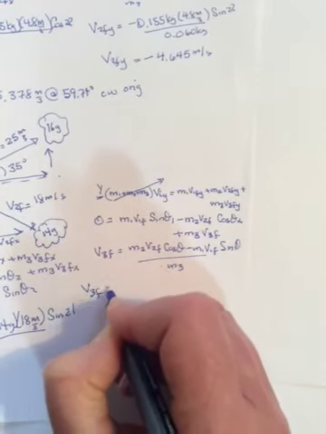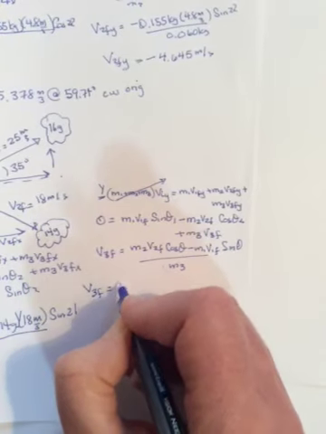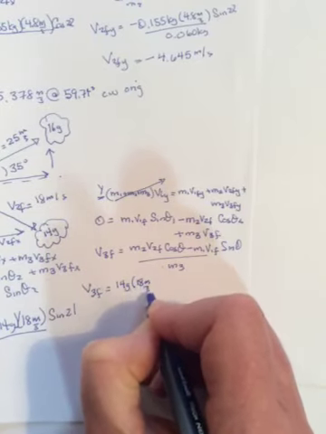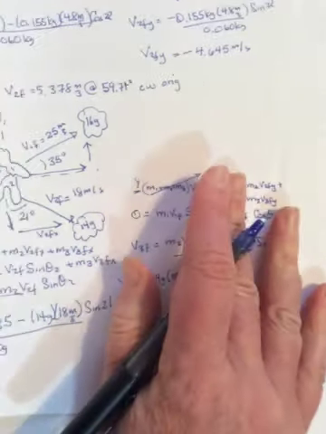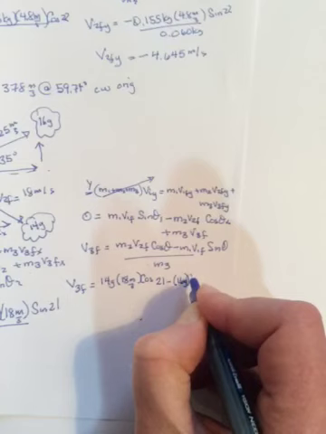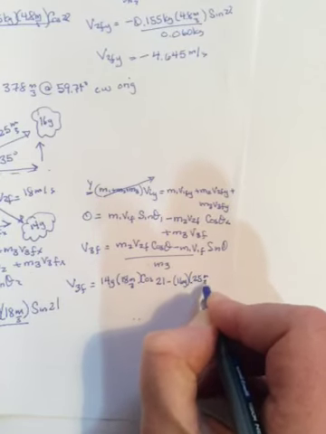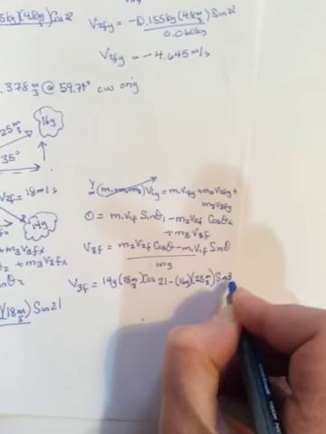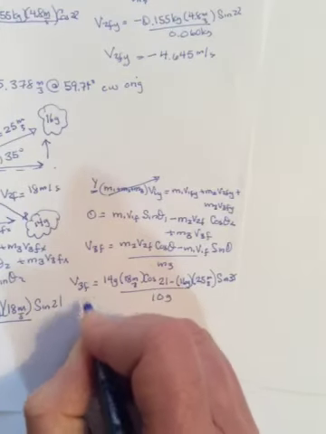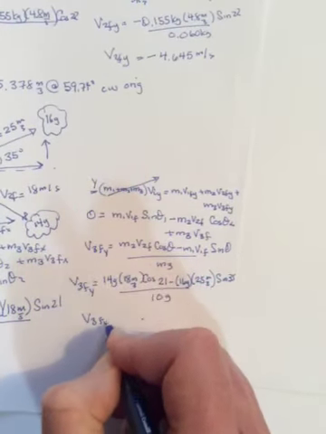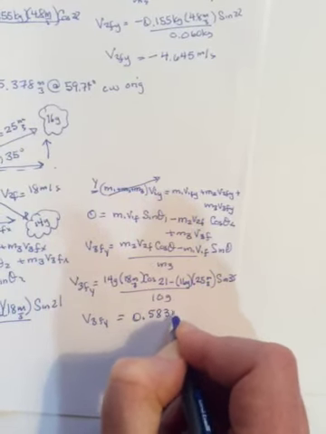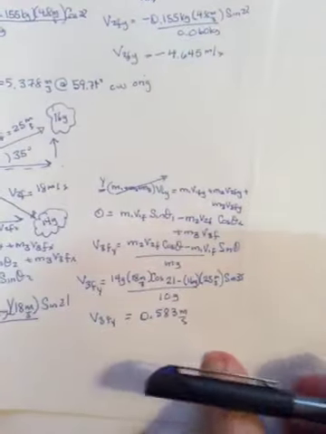So v3fy will equal m2, 14 grams, and it was 18 meters per second, cos of 21, minus 16 grams, and it was 25 meters per second, sine of 35, divided by 10 grams. v3fy will equal positive 0.583 meters per second. Okay, so what does it look like then?